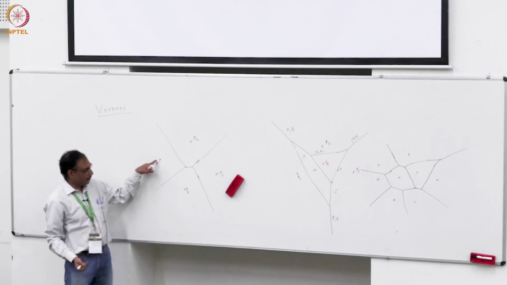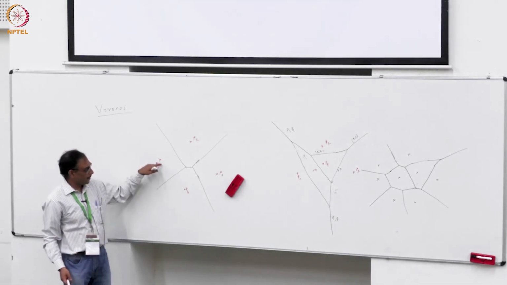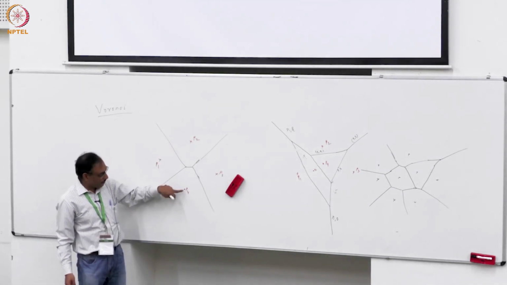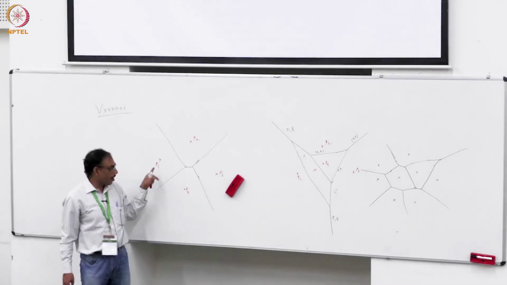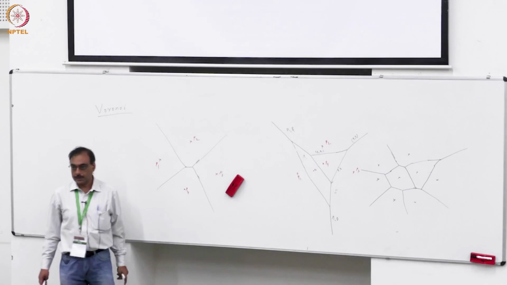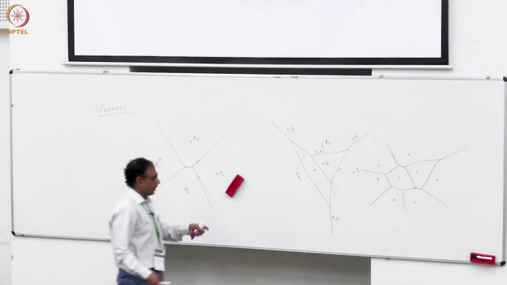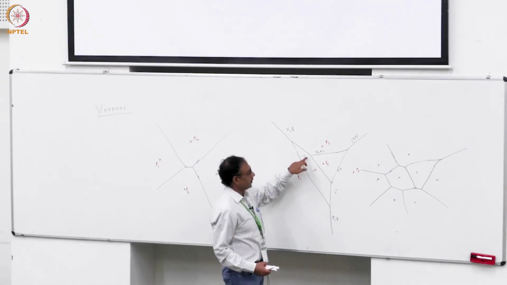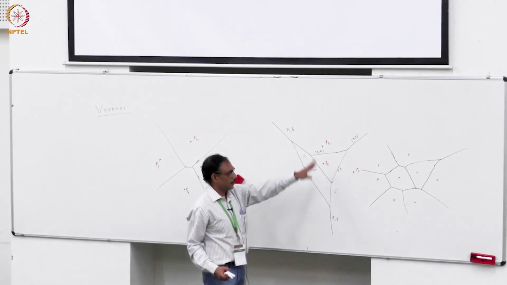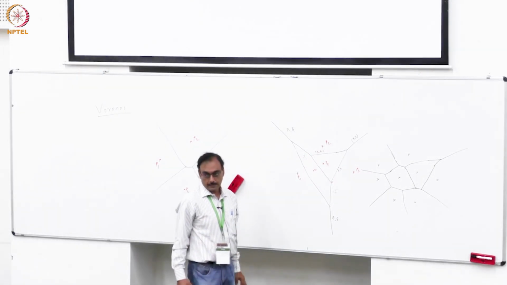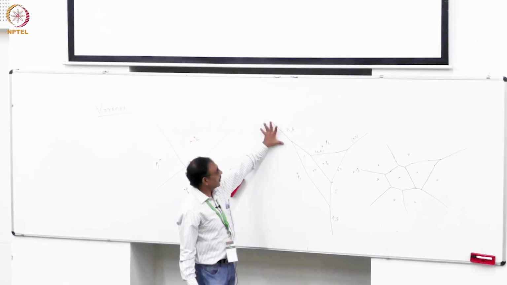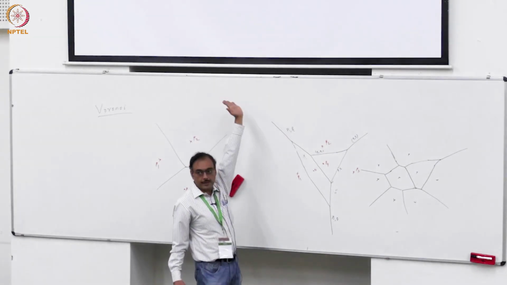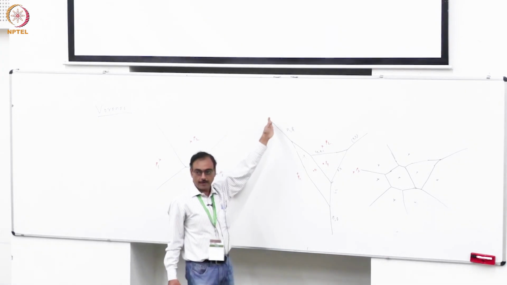So I only connect P1 and P4, and then P1 and P2, and then P2 and P4 as a Voronoi edge, and P3 P4 and P2 P3, but not P1 and P3. Similarly you have to figure out which ones have Voronoi pairs here. It may not be near, it may be somewhere far also, but still let us say Voronoi edge.